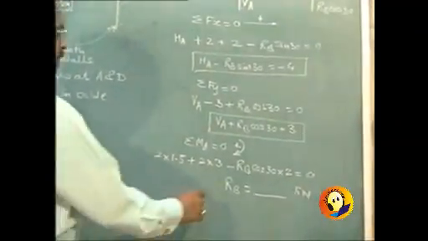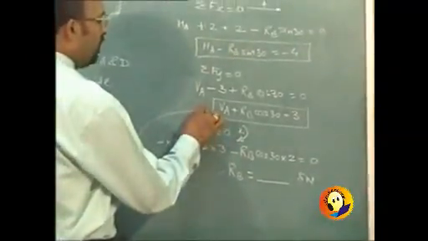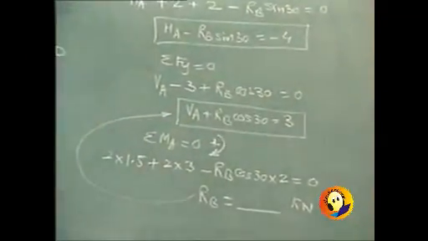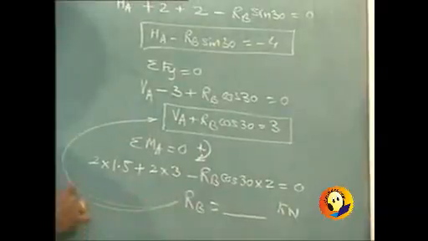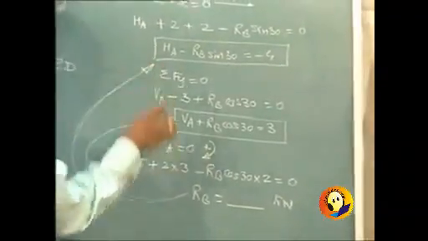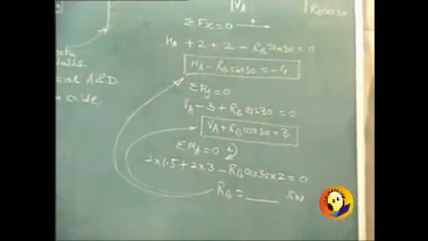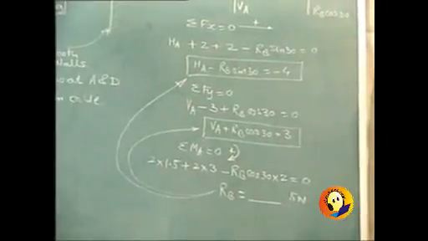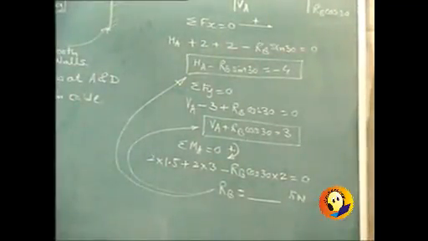This RB can be substituted in sigma Fy to find VA, and same RB can be substituted in sigma Fx to find HA. And then the solution of the problem will be complete.